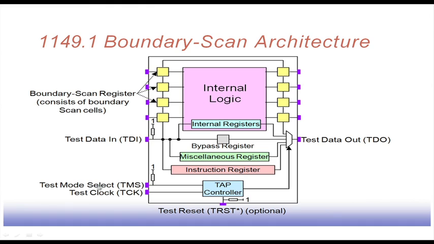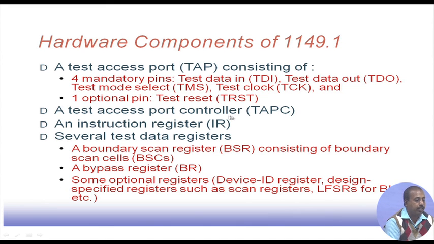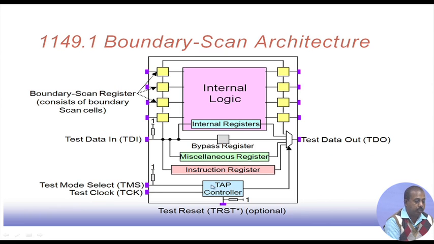These are the 4 pins that must be there in any 1149.1 boundary scan. Then there is an optional pin, which is test reset. Now, there is one test access port controller, TPAC, like in this case we have this TPAC, the test access port controller, and this is that reset signal.